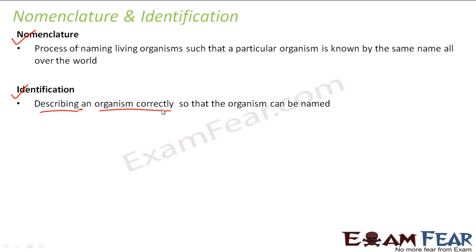That is known as identification. So which comes first? Identification comes first. First you have to identify the organism, only then you can give a name to that organism. So nomenclature is possible only when identification is done, because once identification is done, you know that organism. Now once you know that organism, you can give a suitable name to it. So nomenclature will always follow identification.